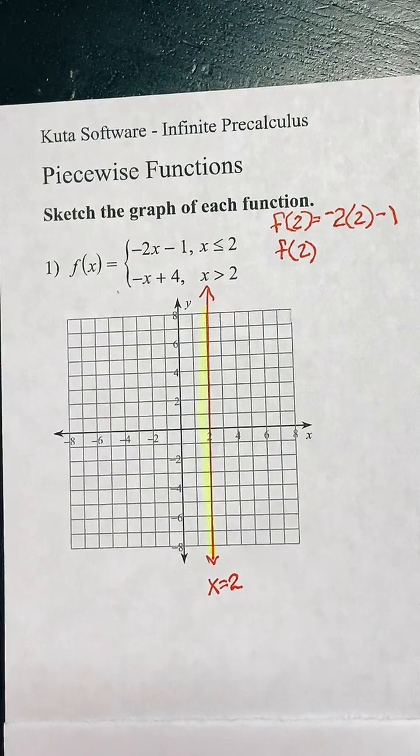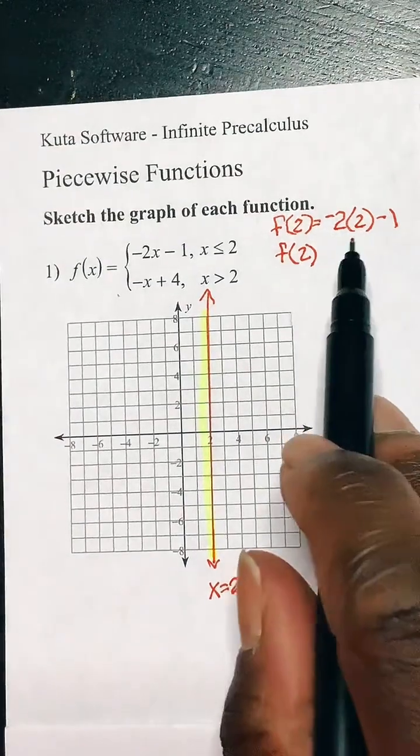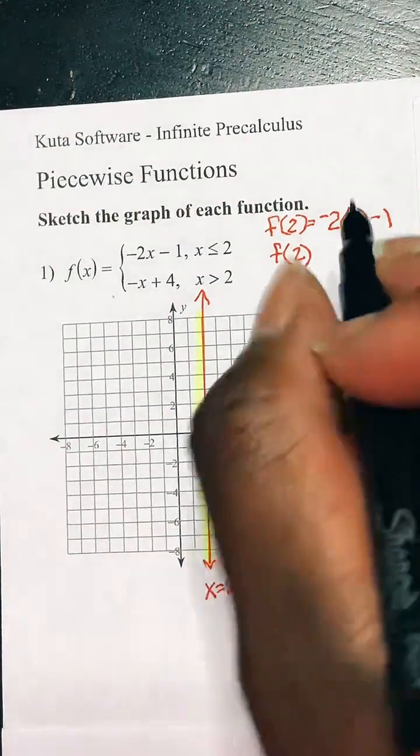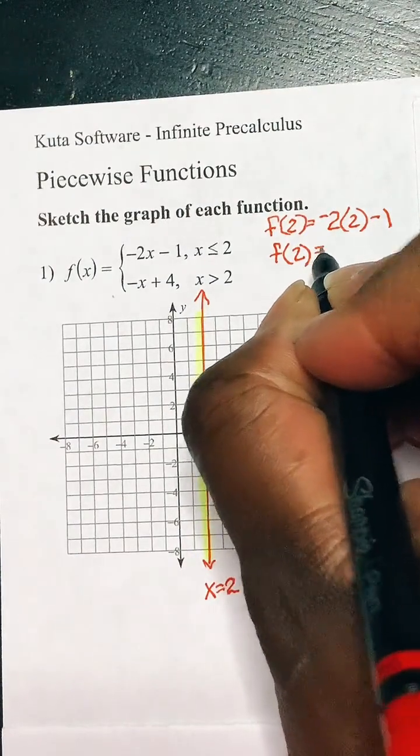Make sure you guys give me the whole thing. So after you plug in that 2, what's my answer?